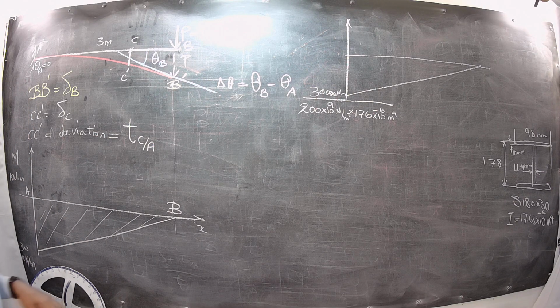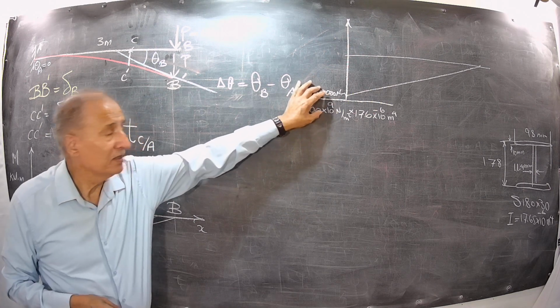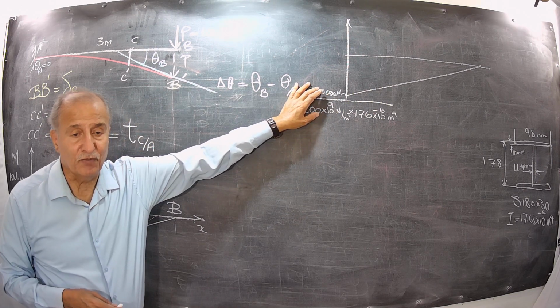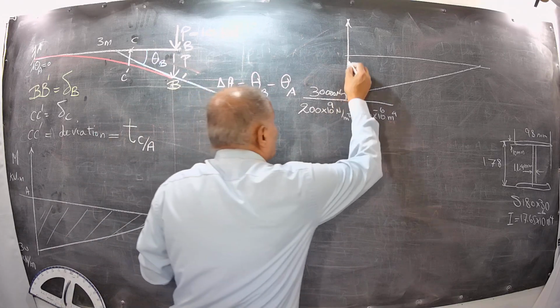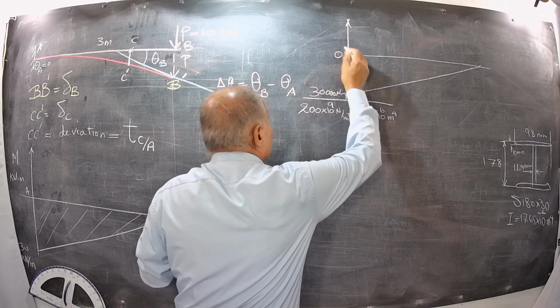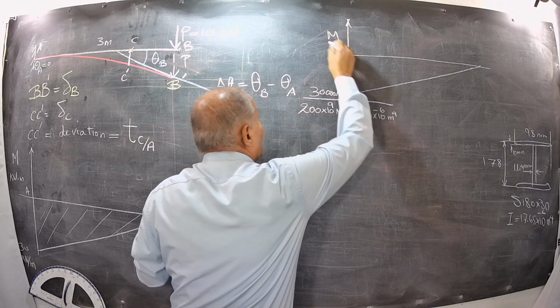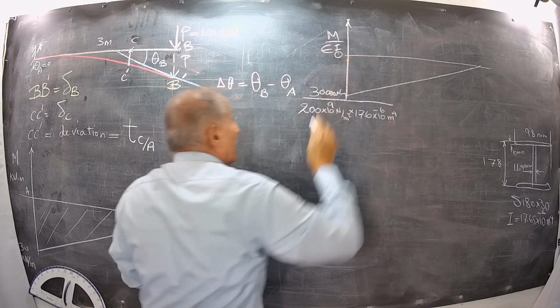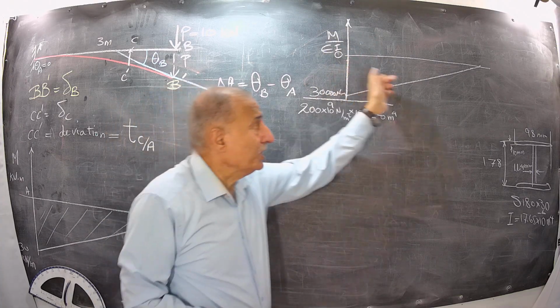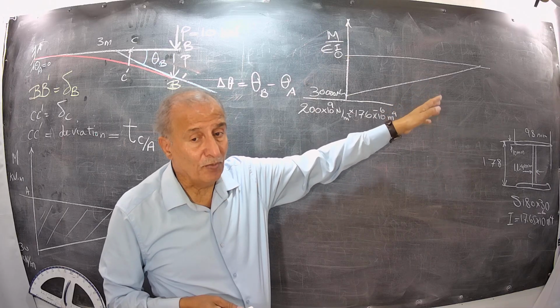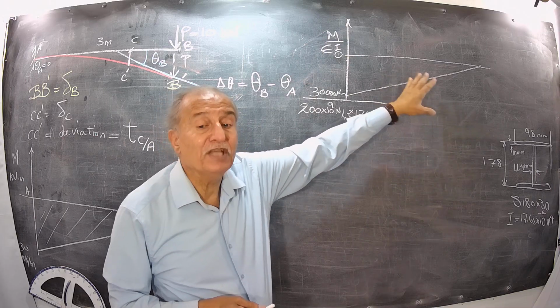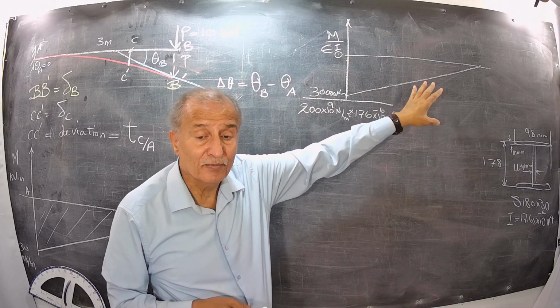This is a very small amount. If I wanted to show it, I would have to show it very small and tiny, for example, close to the origin on point M over EI here. But because this is the simplest example, other problems may have a more complicated shape of moment area.